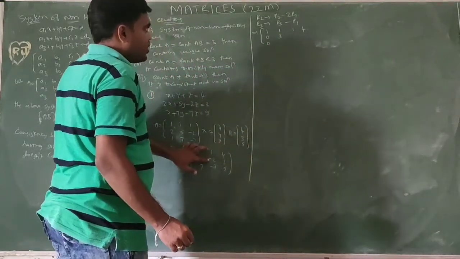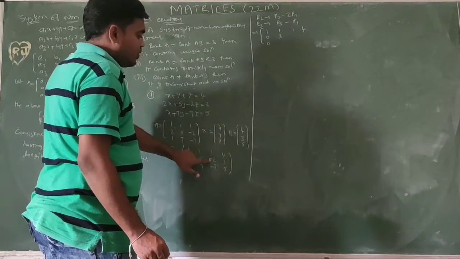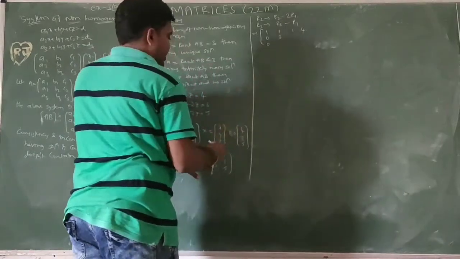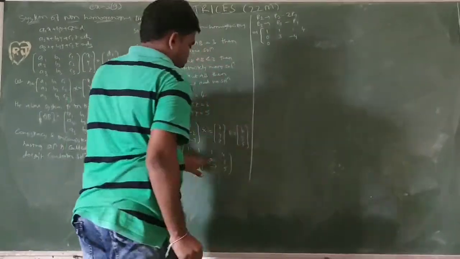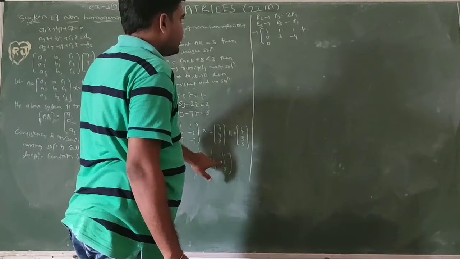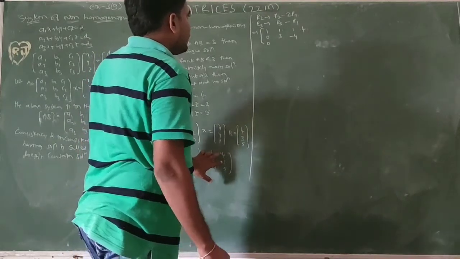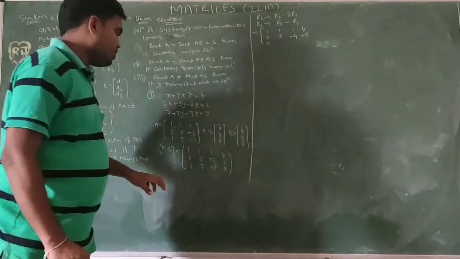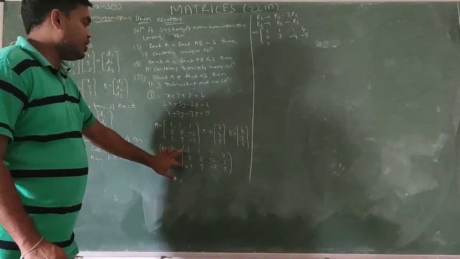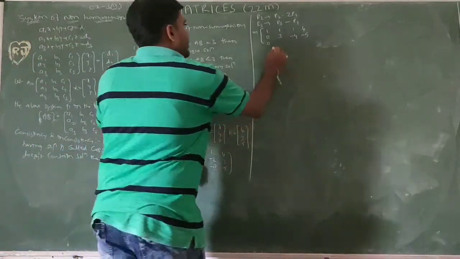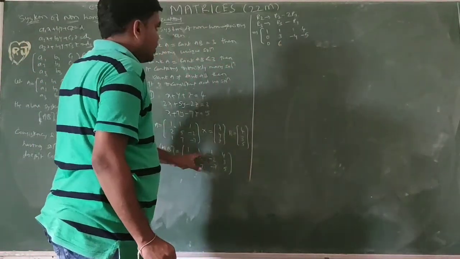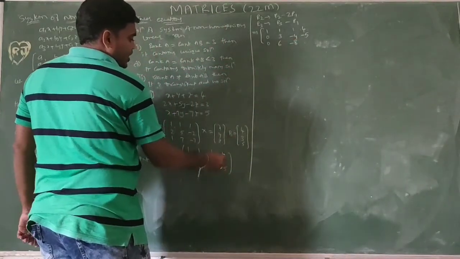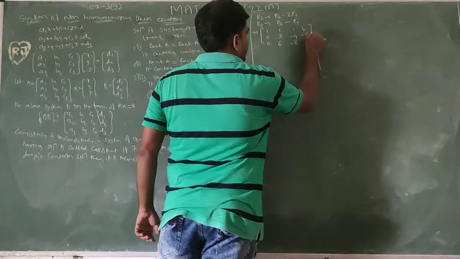Next, minus 2 minus 2 into 1, minus 4. Next, 3 minus 4 into minus 2, minus 8, 3 minus 8, minus 5. Third row: 1 minus 1, 0. 7 minus 1, 6. Minus 7 minus 1, minus 8. 5 minus 4, 1.